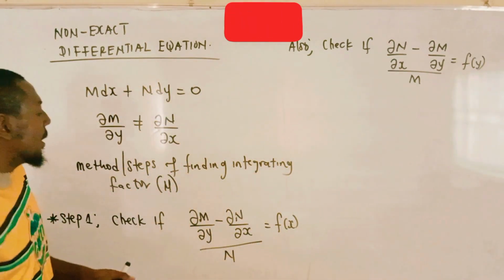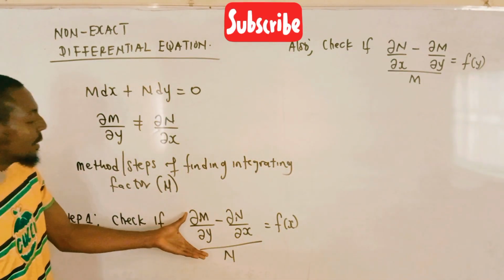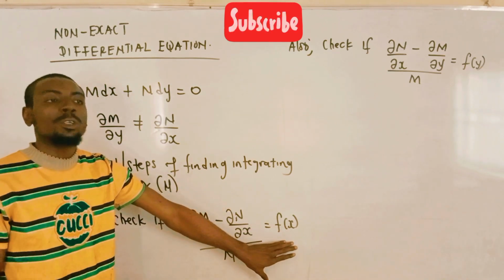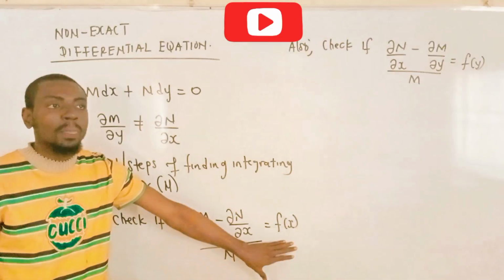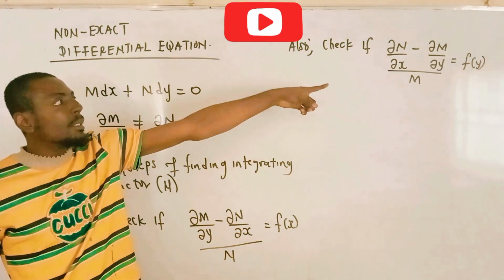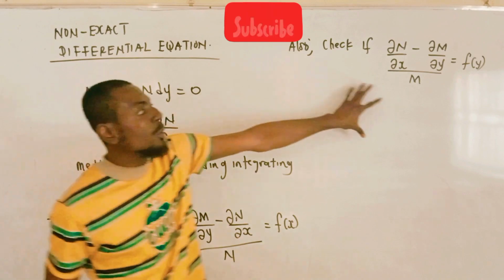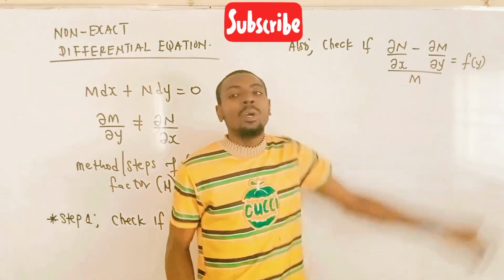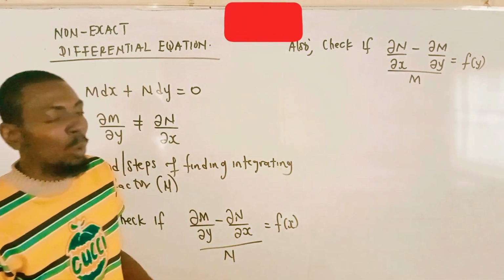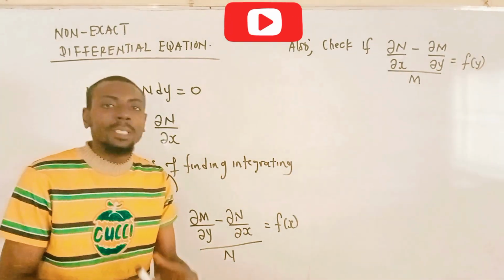So if the first expression didn't give us a function of x alone, then definitely this term must give us a function of y. It could be a function of x or a function of y, depending on the one that comes out first.